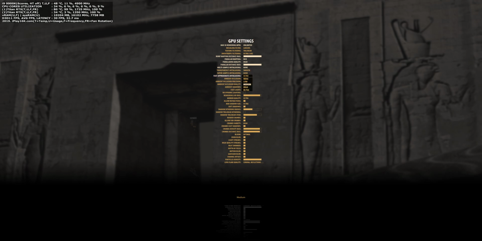No anti-aliasing, so make sure anti-aliasing is disabled. Everything else is set to the maximum visuals.